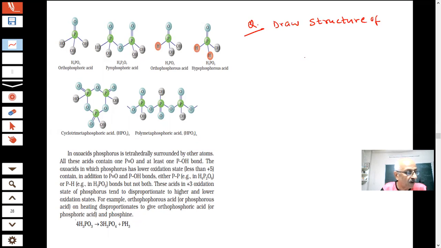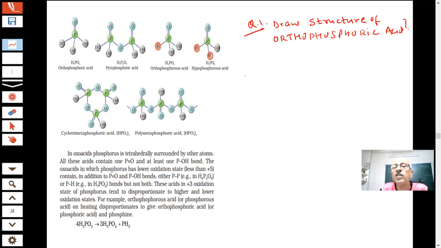Draw the structure of orthophosphoric acid. This is a question in the paper.